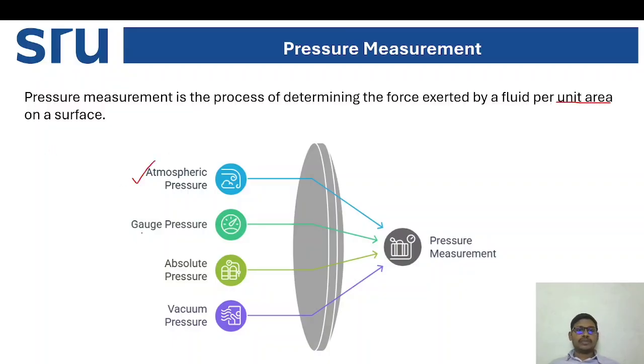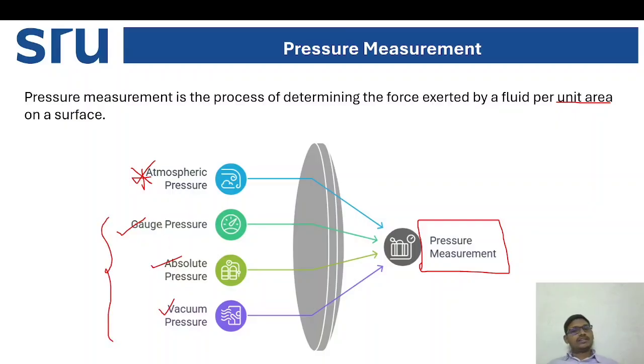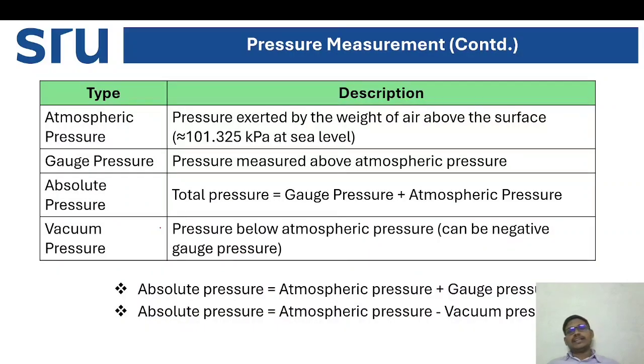So that is atmospheric pressure, gauge pressure, absolute pressure, vacuum pressure. I think you people know this very well, atmospheric pressure, and these things are more or less related to it: gauge pressure, absolute pressure, vacuum pressure. Now we will see a little in depth regarding the pressures.